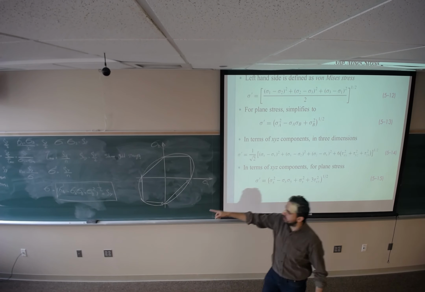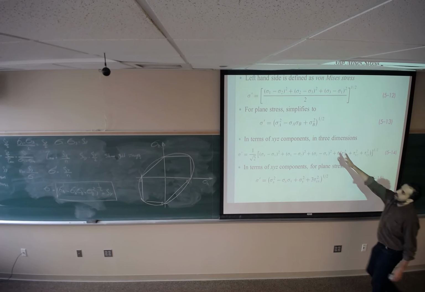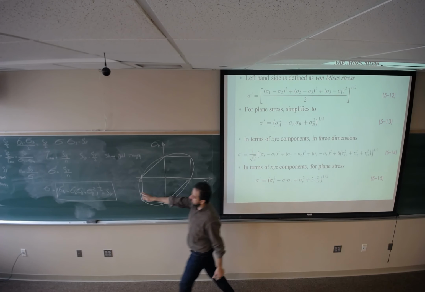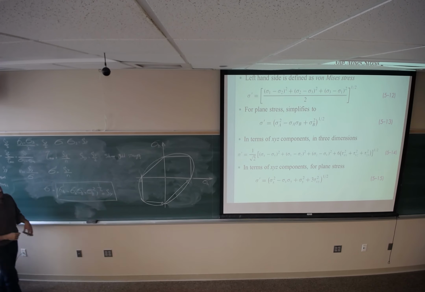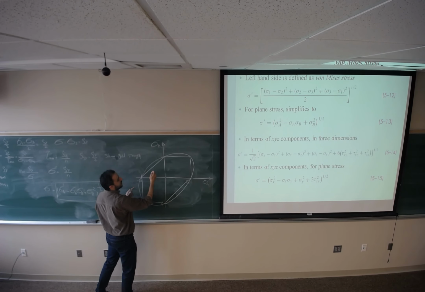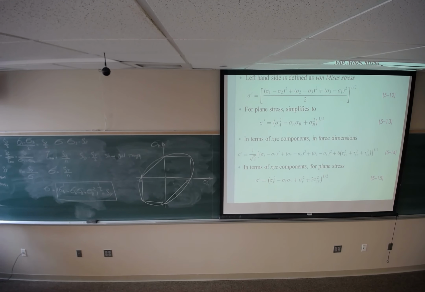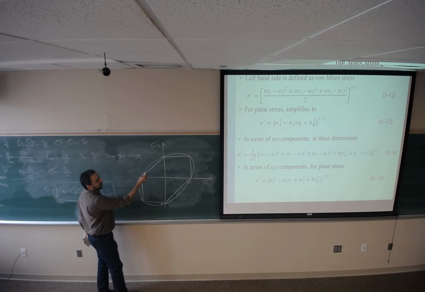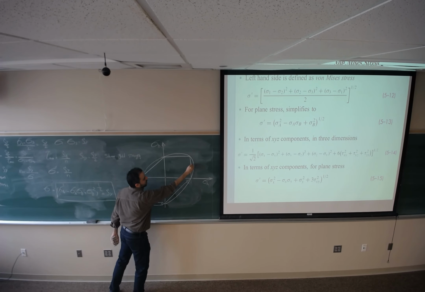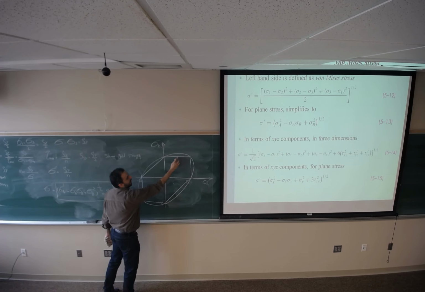The equation of von Mises or failure theories for the distortion energy theory is going to look like this. So any point inside this area is going to be safe, and any point out of the area, failure occurs. As you see, the distortion energy theory is less conservative than maximum shear stress theory.